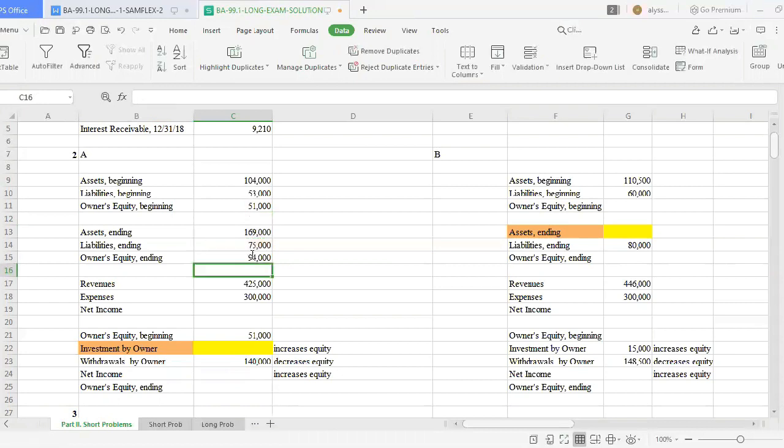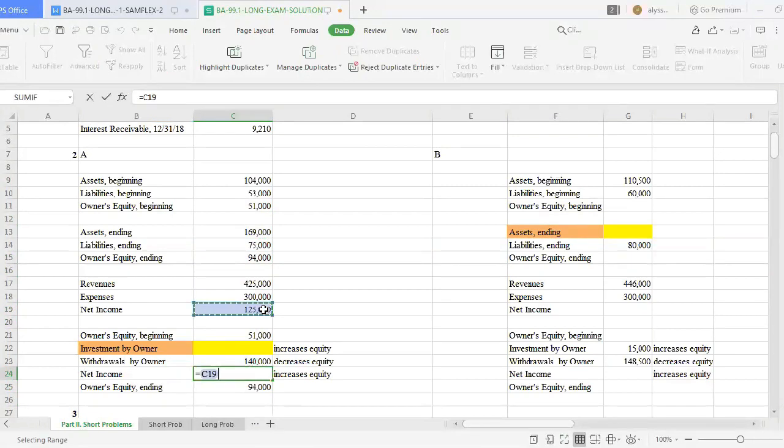So let's put it here. So then we get the net income. The net income, you can get it by subtracting the expenses from the revenues. So we have 125,000 net income. So to get the investment of the owner, we squeeze it again.